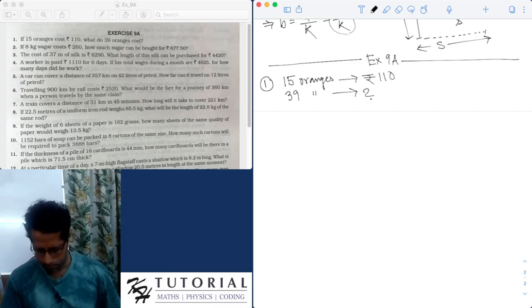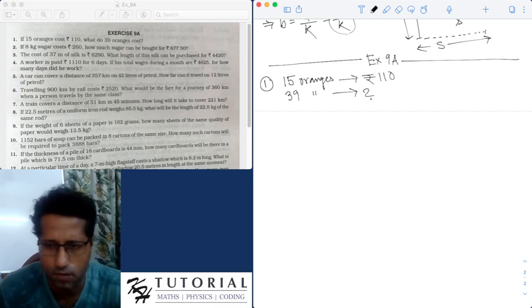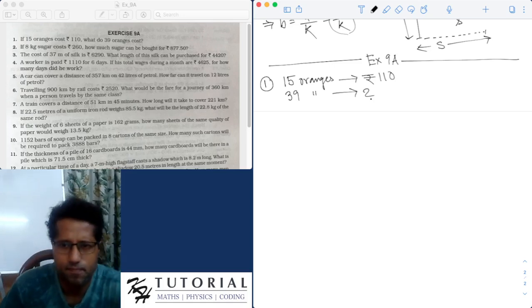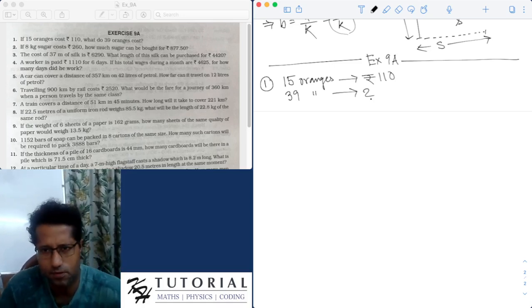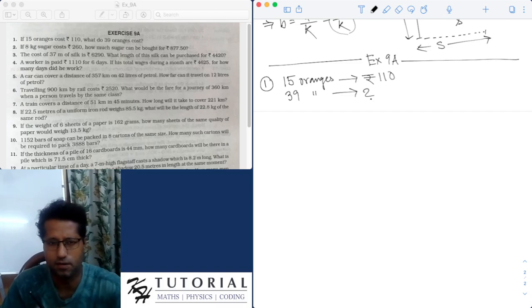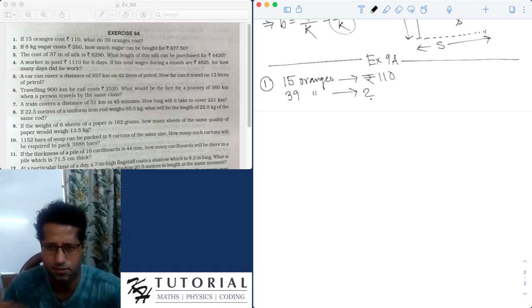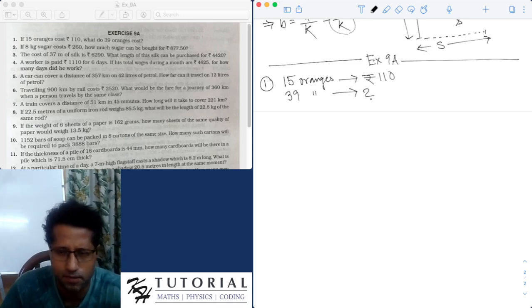now, the way it is solved in the book is, if you see the examples, the book solves problems like this using the unitary method.